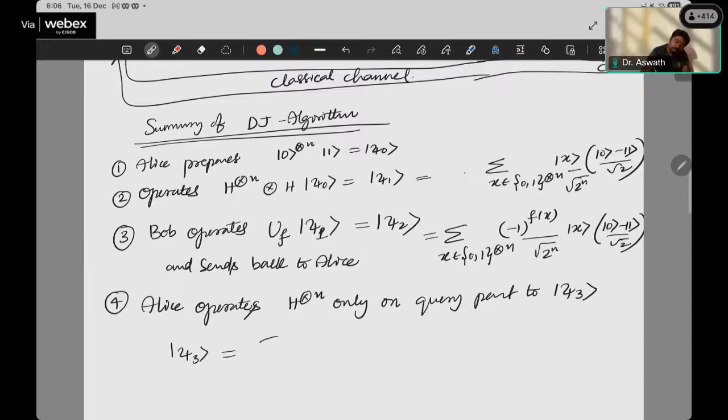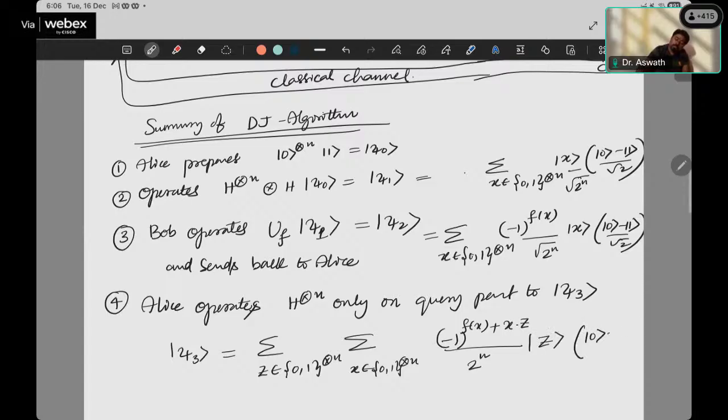Carefully now, you see: summation over z belonging to 0 comma 1 tensor n, summation over x belonging to 0 comma 1 tensor n, of minus 1 to the power of f of x plus x dot z, divided by 2 to the power of n, z ket multiplied by 0 minus 1 divided by square root of 2.